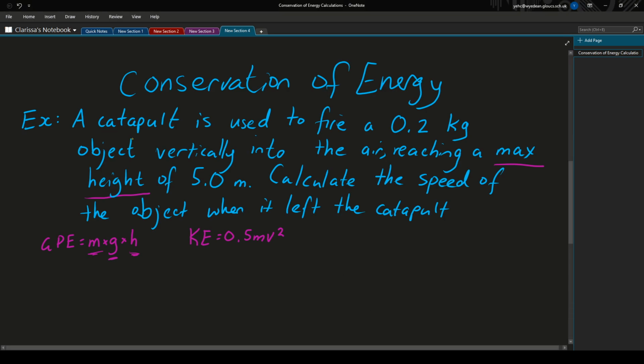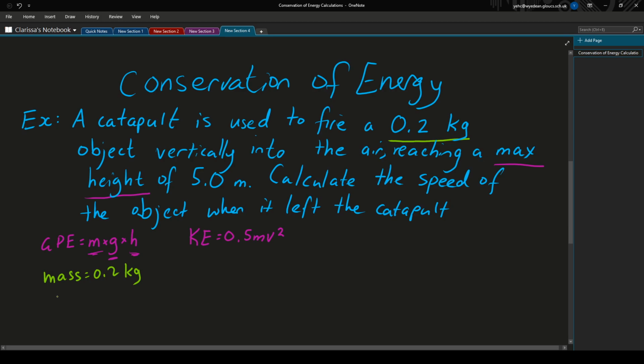Okay, a catapult is used to fire a 0.2 kilogram object vertically. So that's my first number that I'm given. It did not say mass, but because it's measured in kilograms, I know that that is a mass. So I'm going to write down mass is 0.2 kilograms.